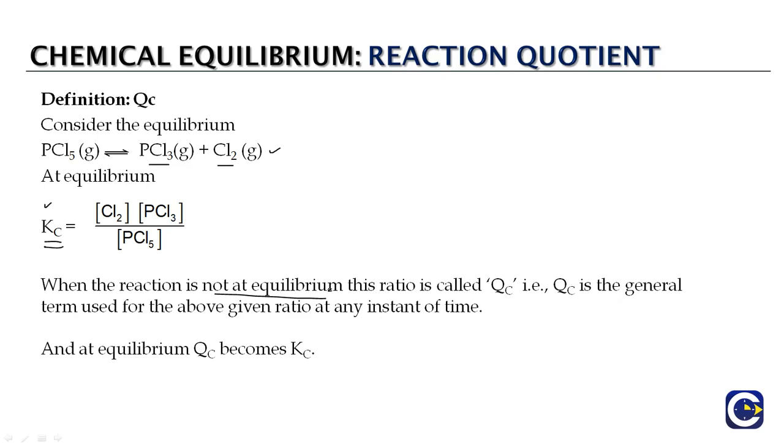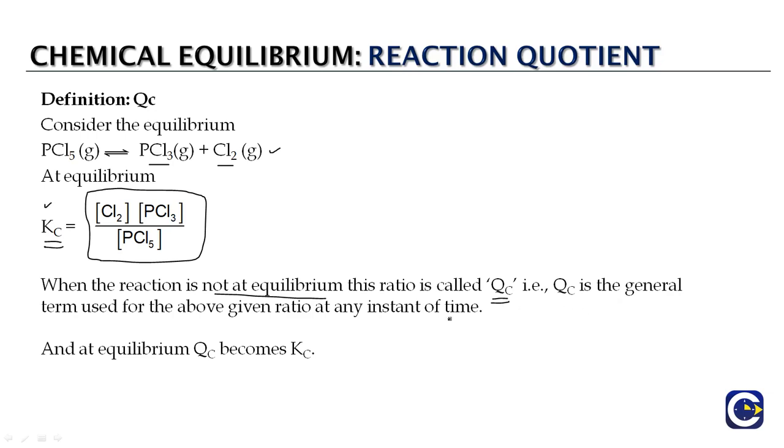They have not yet reached the equilibrium. Then we take the same ratio, just like the equilibrium constant, we take the same ratio of Cl2 concentration into PCl3 concentration by PCl5 concentration. This ratio is what we call as Qc, reaction quotient expressed in terms of concentrations.